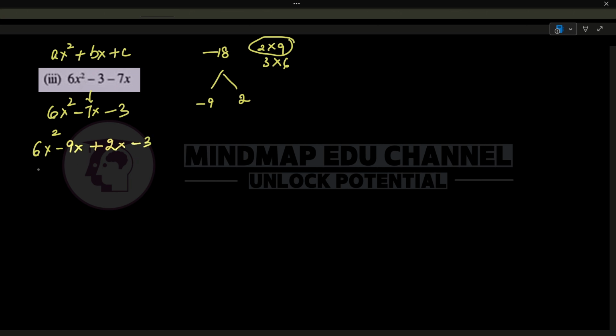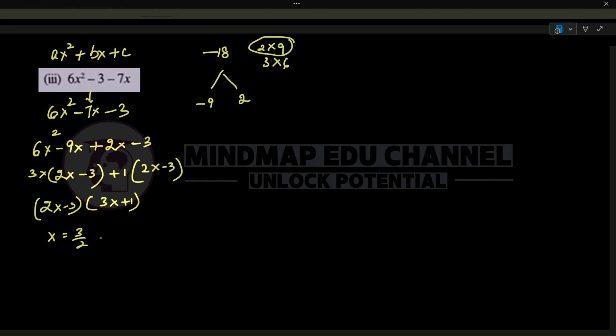And here we will take 3x common. So 3 2s are 6 and 3 3s are 9 plus 1. So here it will be 2x minus 3. So 2x minus 3 and 3x plus 1. So the two zeros of this polynomial will be 3 by 2 and minus 1 over 3.